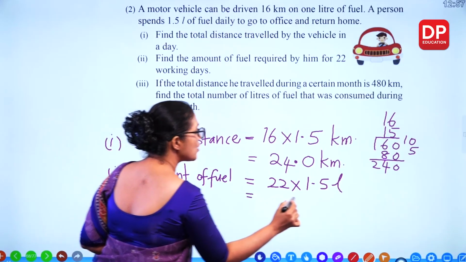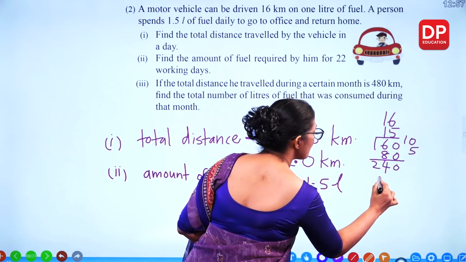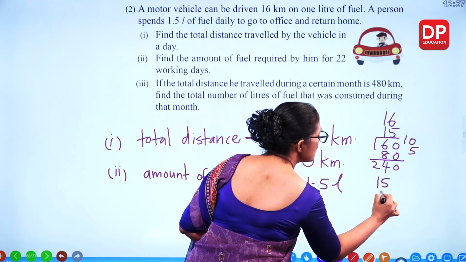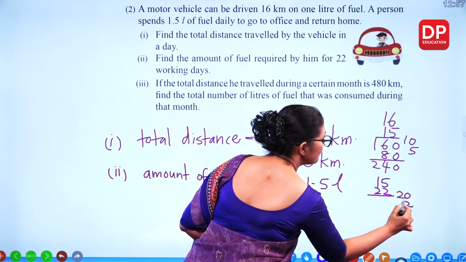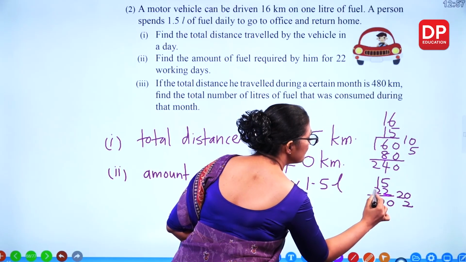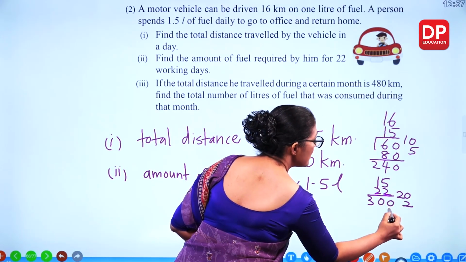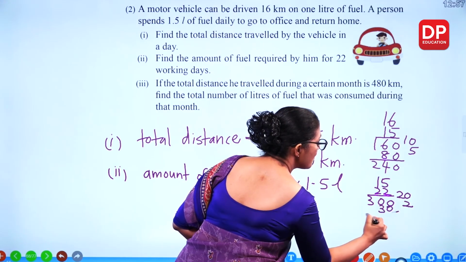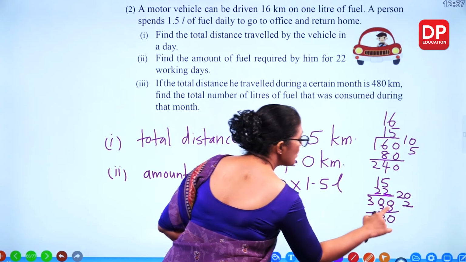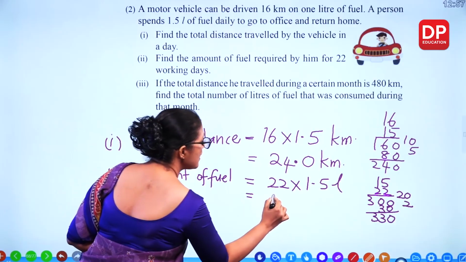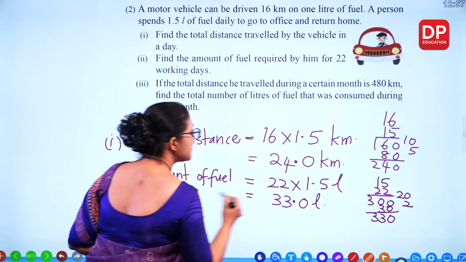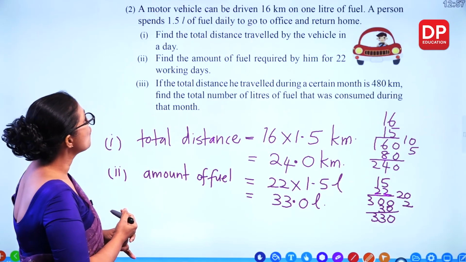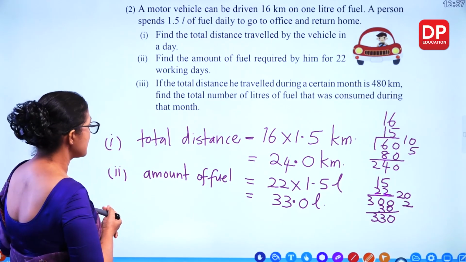Multiply this by 22, 15, 22 and then keep the decimal point. 300 and here you get 30, 330. So when you keep the decimal point, you get 33 liters he needs for 22 working days.